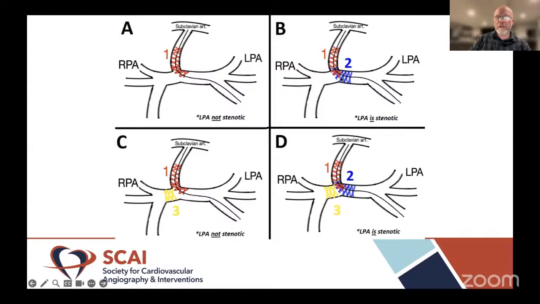It's contiguous with the initial stent you placed, but it's addressing a lesion, not just extending your stent further through the BT shunt.